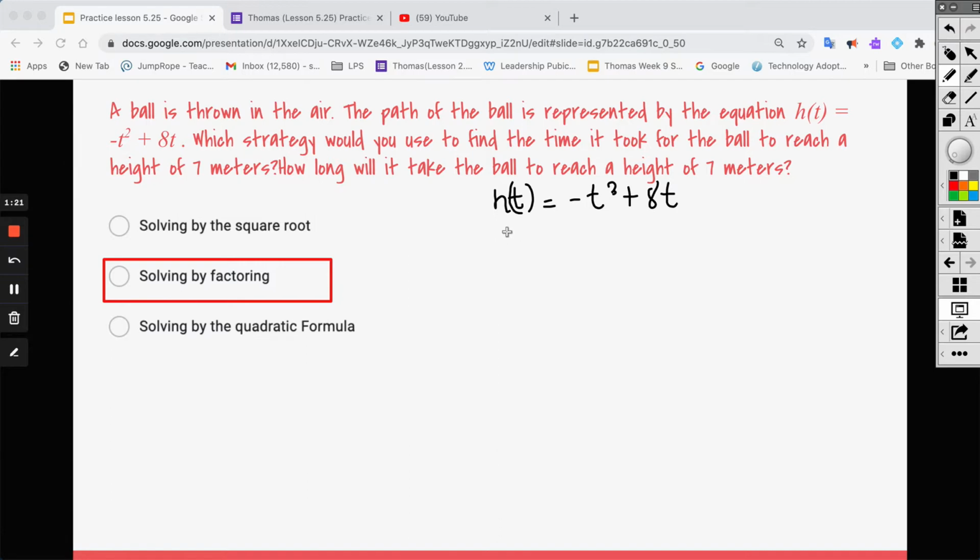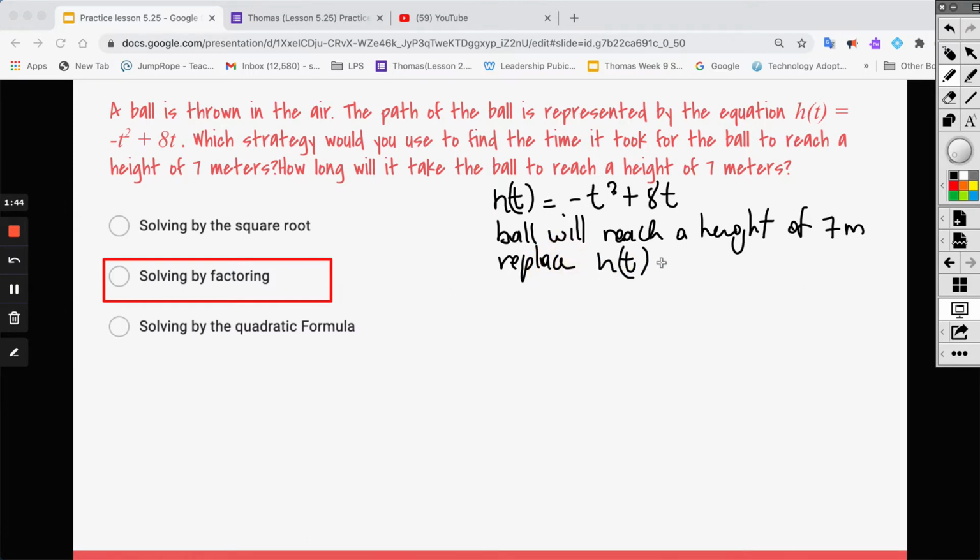They also told us that the ball will reach a height of 7 meters. So we will replace h of t with 7. So when we do that, we have 7 is equal to negative t squared plus 8t.